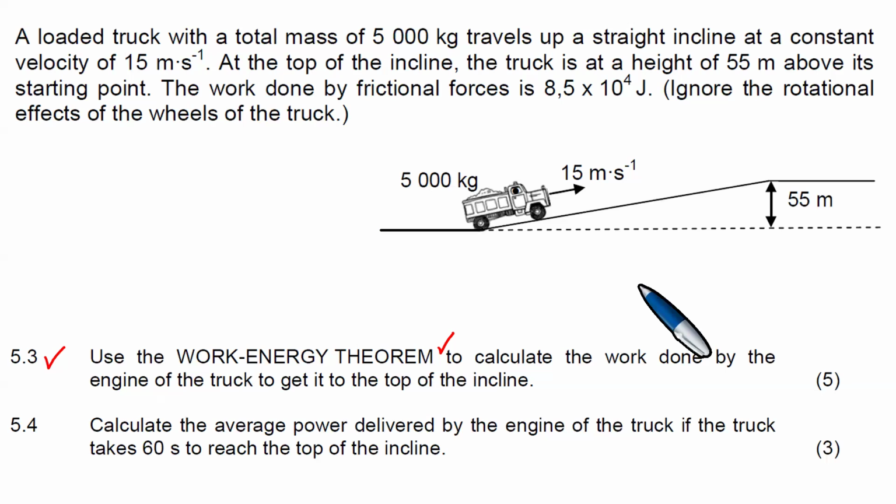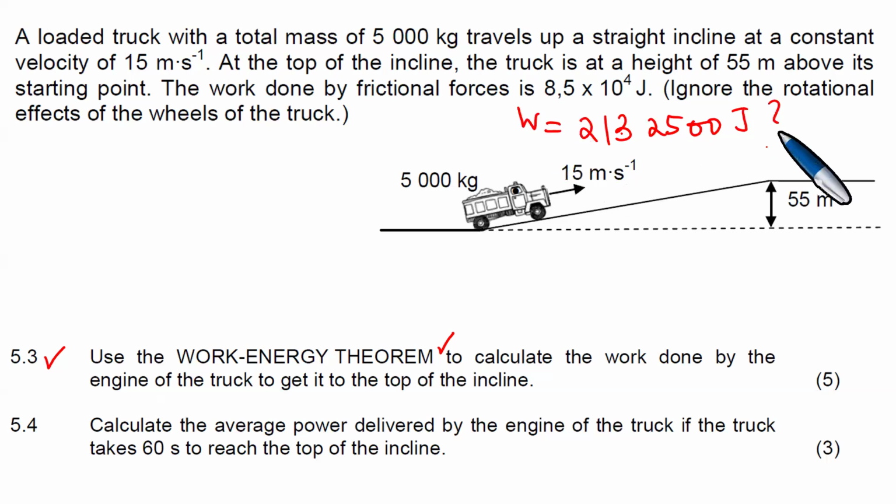So you're saying the work done is 213,2500 joules. Okay, you're suggesting this is the work done. That's okay. We're going to just do corrections and we're going to just compare.